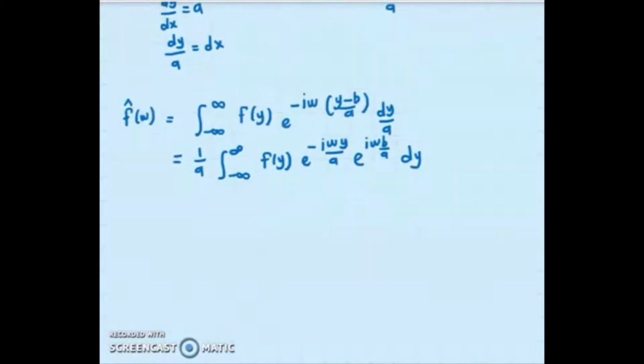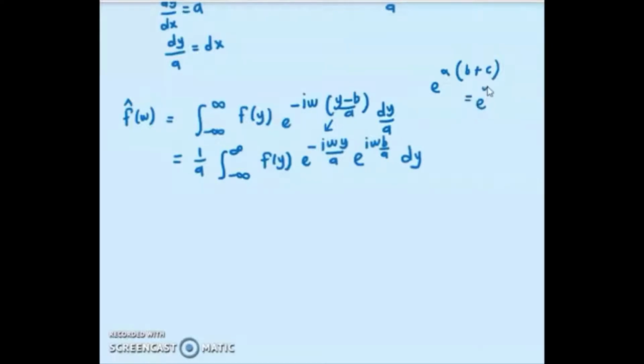Are you with me? So what happened here? You just split the integral: e to the negative i omega y over a for this one, and negative becomes positive, e to the i omega b over a. In other words, e to the alpha times beta plus b plus c, how do you write this?